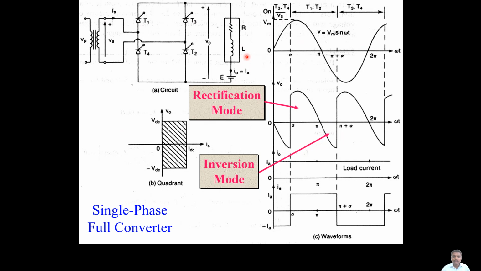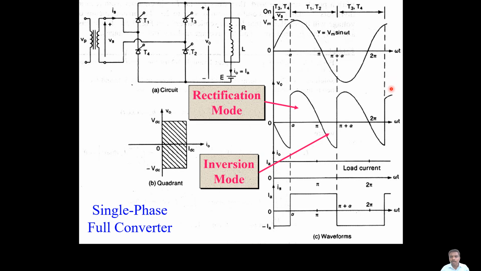Here, when the firing angle is below 90 degrees, I can operate this rectifier in rectification mode, and when the firing angle is increased beyond 90 degrees, this rectifier will work as an inverter or line commutated inverter.